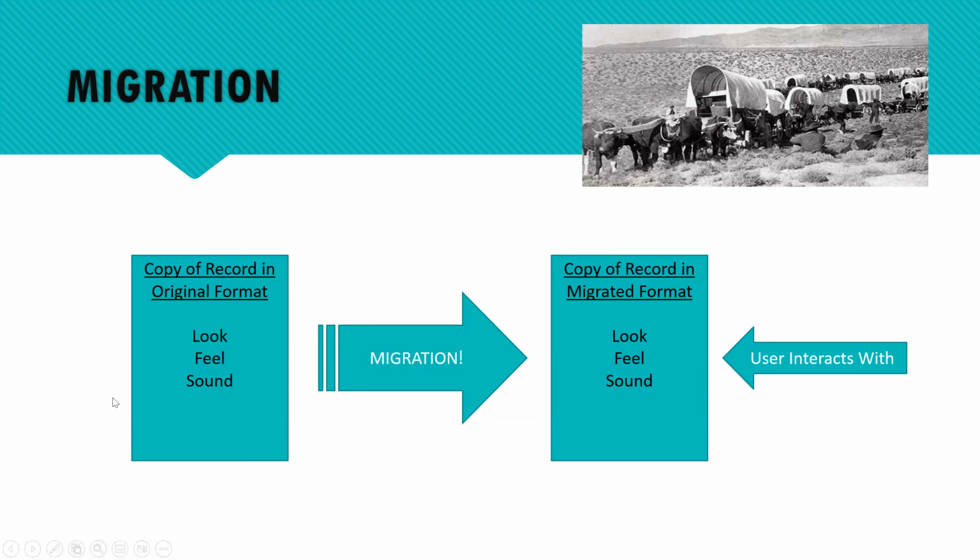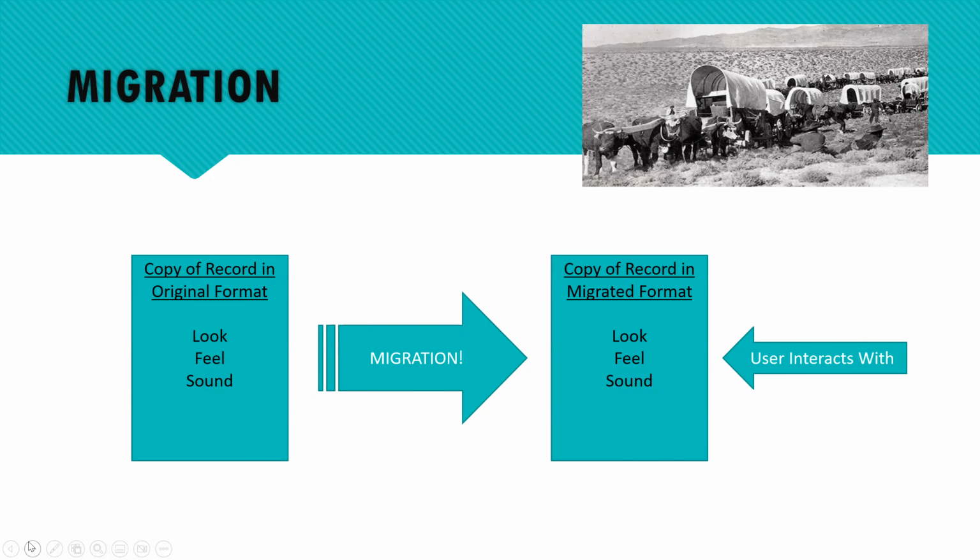But if this record comes into the archive in a format that is impossible or difficult for archives to use when they're making records accessible to researchers, then sometimes you just have to make do as best you can, even if there are some changes to the records after migration.